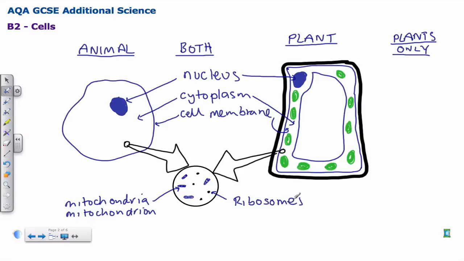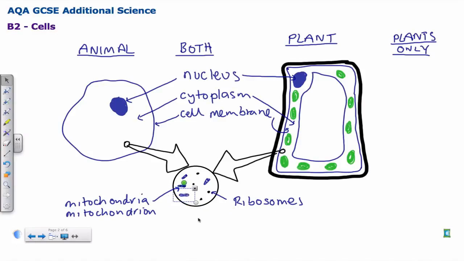Now just as a little extra point here, if you take one of these out and magnify it still further, it looks a little bit like that. It has a double membrane, and the inside membrane is folded inwards like that. I wanted to show you that just so you recognize it if they show you it in a little bit more detail in an exam.